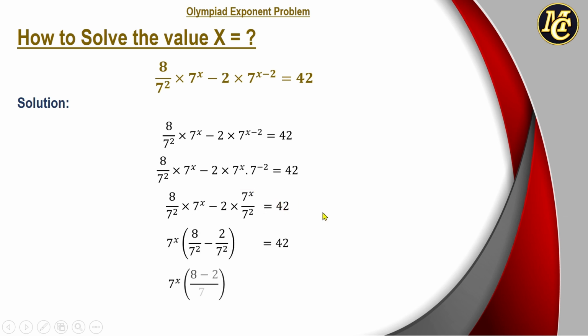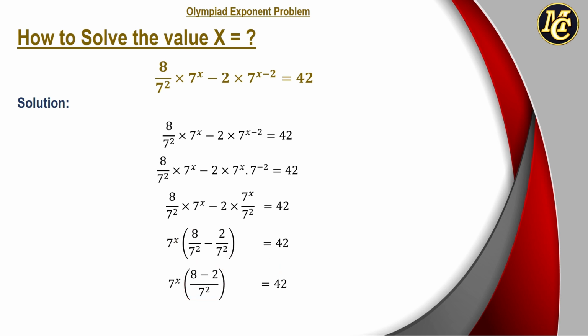Now we take the common 7^x in both terms and then we take the LCM in both terms. This gives us 7^2 in the denominator and 8 minus 2 in the numerator.